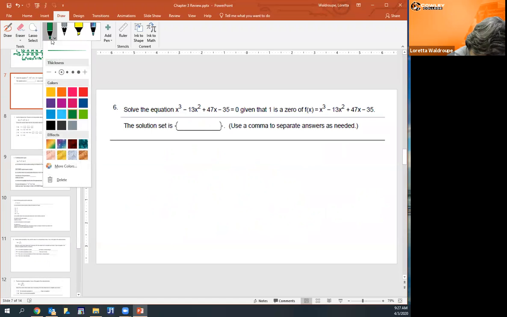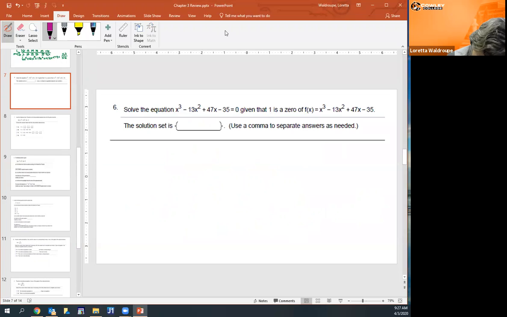Okay, so now we're asked to solve an equation, okay? And we're given one of the zeros. So that means we want to use that 0 in synthetic division to divide.